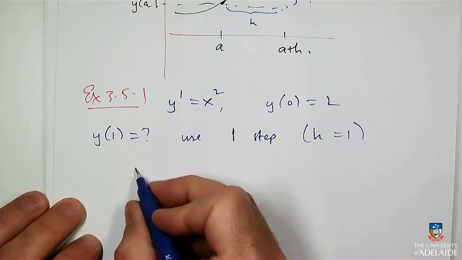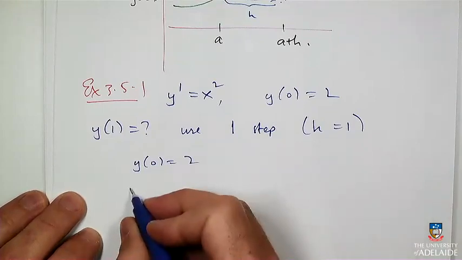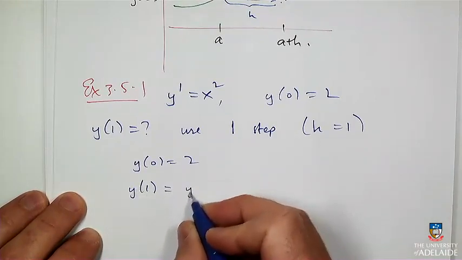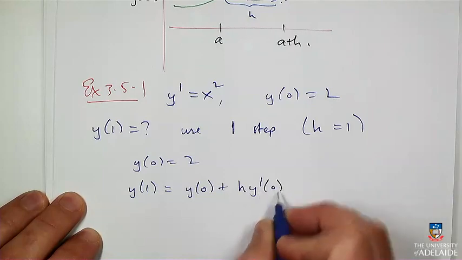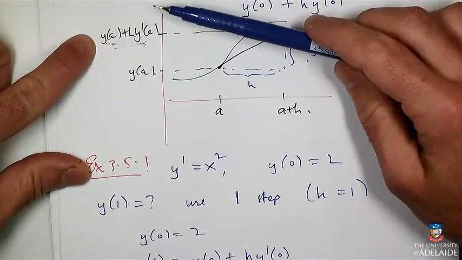We know y of 0 is 2. That's given to us. And we know y of 1 should be y of 0 plus h times y dash of 0. That's the formula.